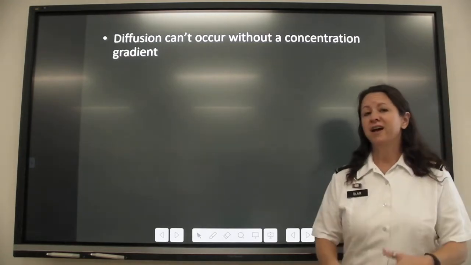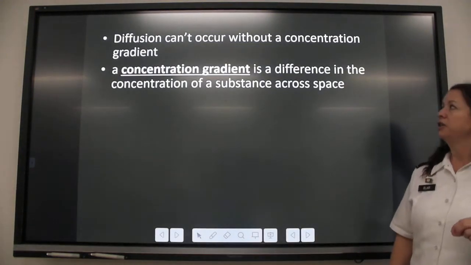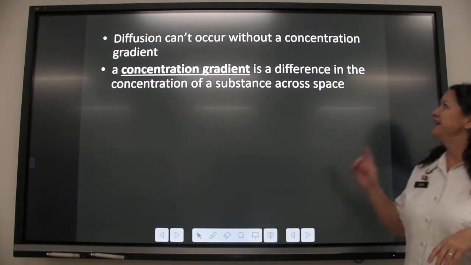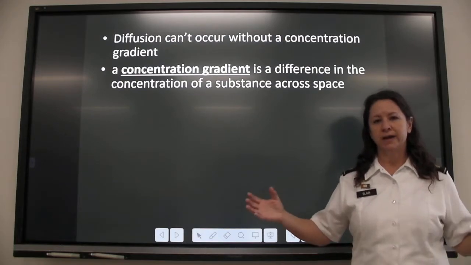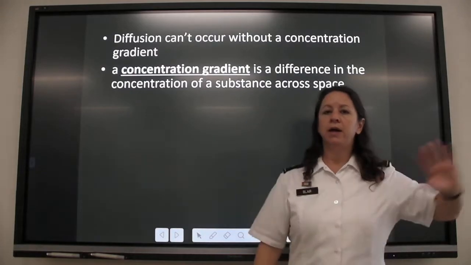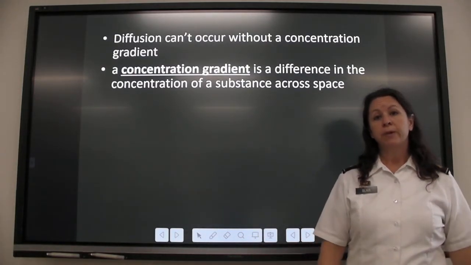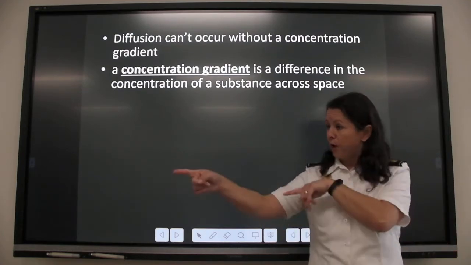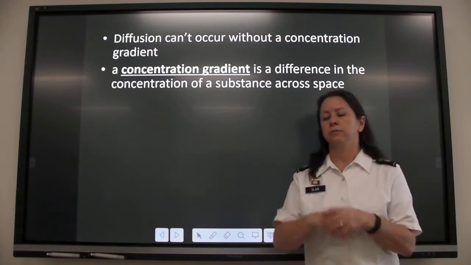Now, diffusion cannot occur without a concentration gradient. A concentration gradient is a difference in the concentration of a substance across a space. That is when you have a lot of it in one spot and not much of it somewhere else, like spraying perfume. Let's say somebody's sitting at the front corner of my room, pulled out some cologne and put it on.